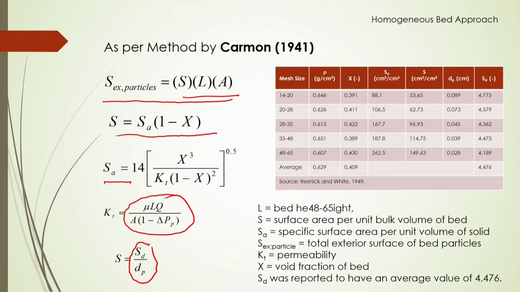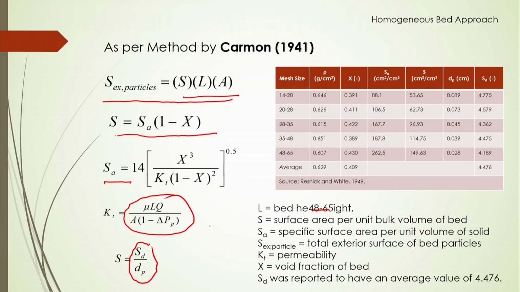And here L is the bed height, S is the surface area per unit bulk volume of the bed, and S is the specific surface area per unit volume of the solid. S_ex particle is the total exterior surface of the bed particles, k_t is the permeability, which depends on the pressure drop, and x is the void fraction of the bed.